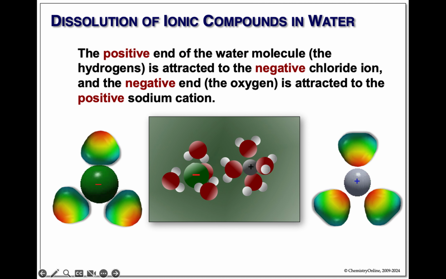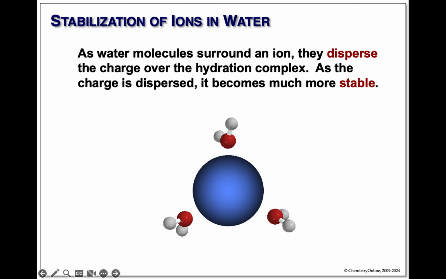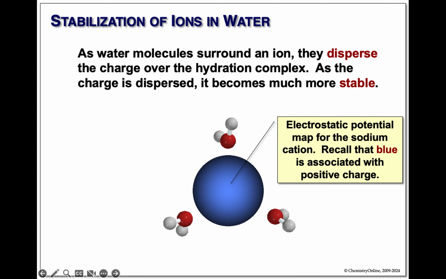We can show that actually using yet another electrostatic potential map. Here, this represents the sodium cation. It's blue because it's very positive. I have put 3 waters around it. I tell my computer to calculate an electrostatic potential map for the entire complex.